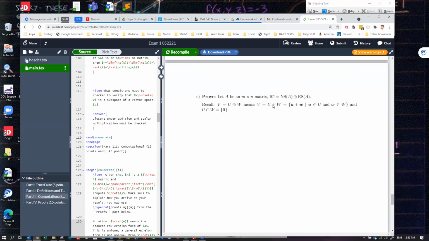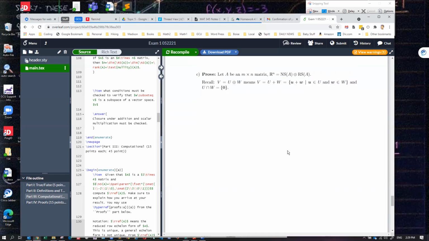In fact, you're in week 5 now, so you may actually see this as an exercise, that these two spaces are orthogonal to each other. In other words, every vector here is perpendicular to every vector there, which is a much stronger thing. That certainly implies that the zero vector is the only thing in both, because I can't have two non-zero vectors that are orthogonal to each other.